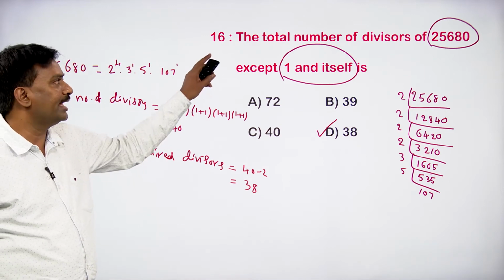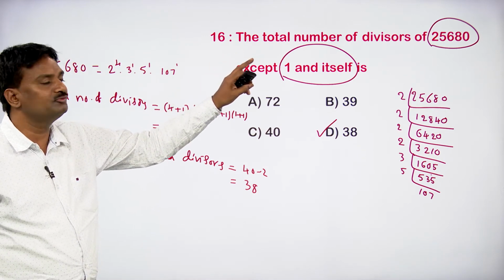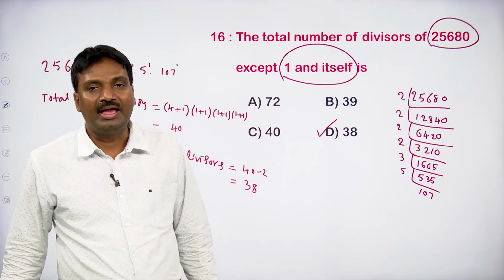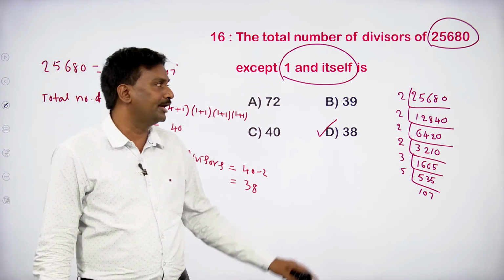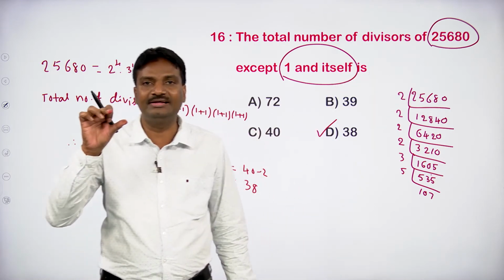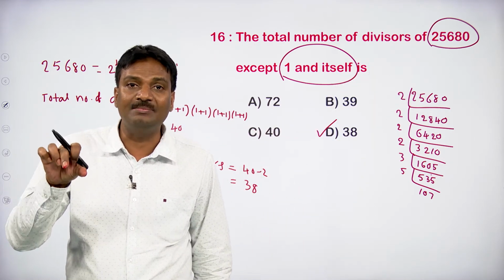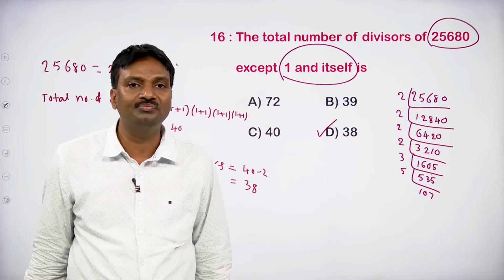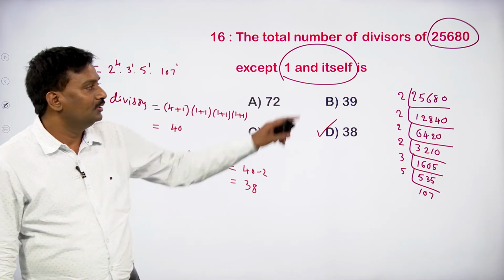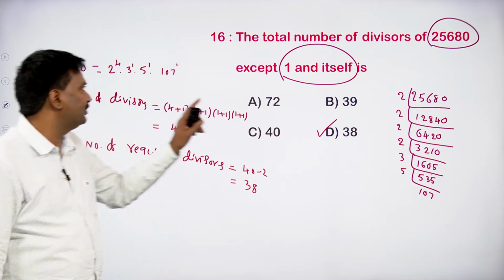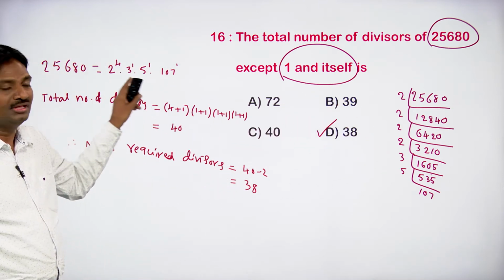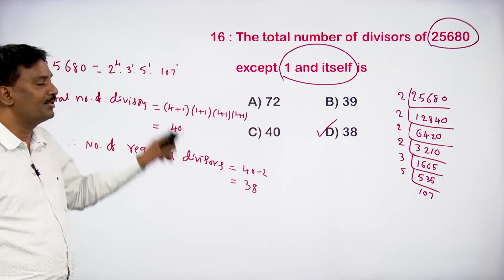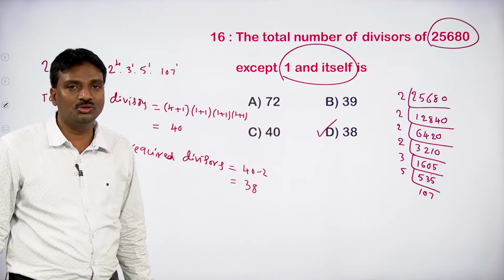So read the problem carefully. The total number of divisors of 25,680 except 1 and itself. According to the given passage we have to express 25,680 as the product of prime numbers like 2 power p into 3 power q into 5 power r and so on. The bases must be prime integers. The powers must be positive numbers.